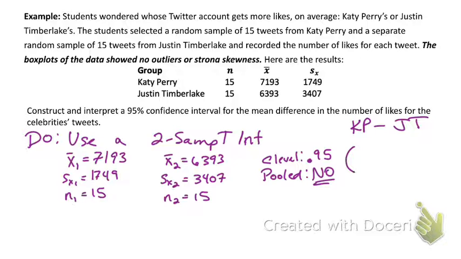All right, so what is your lower boundary for the difference in their number of likes on average? Negative what? Okay. And what is the upper value? Let's think about this for a second. If I'm doing Katy Perry minus Justin Timberlake's likes on average, and I'm getting negative numbers, whose likes are more?